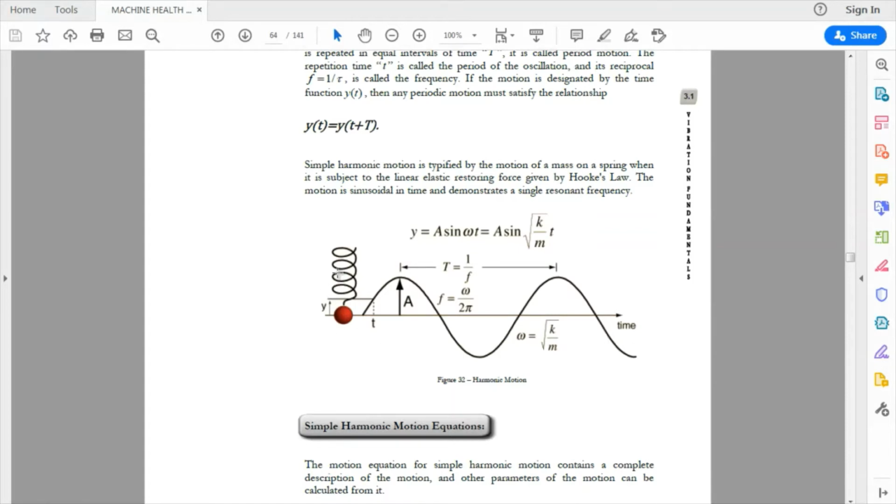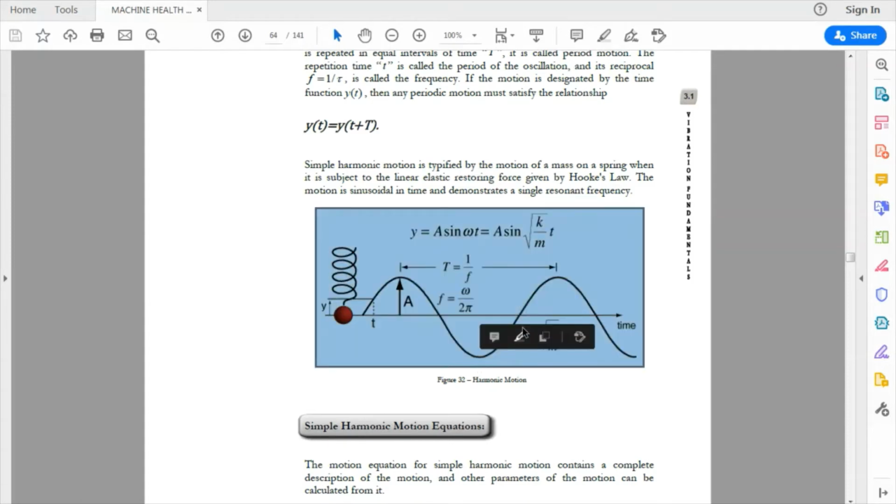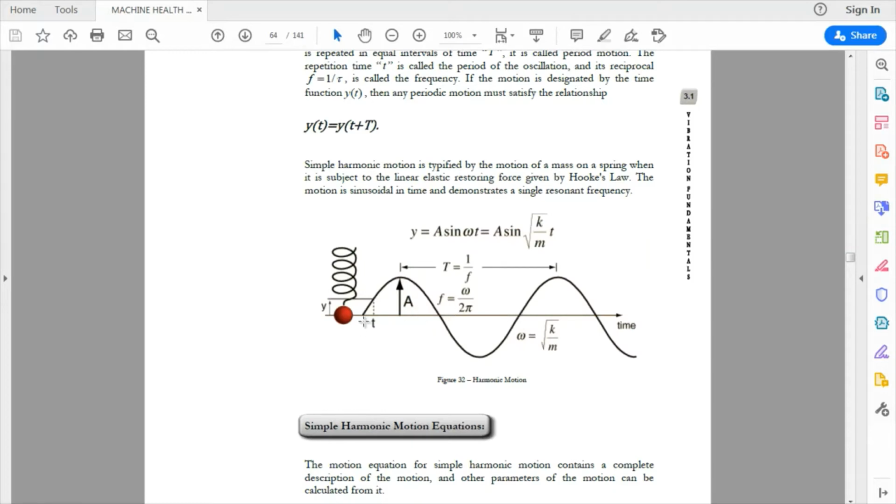You start from zero, reach the peak point, and then come back to zero, change direction, reach the negative peak, and then go back to zero. This is one cycle. So starting from zero, peak, zero, negative peak, and zero again, we complete a full cycle.